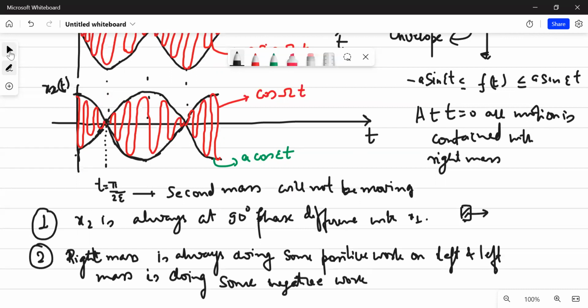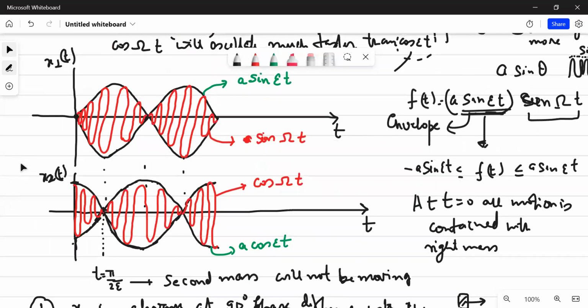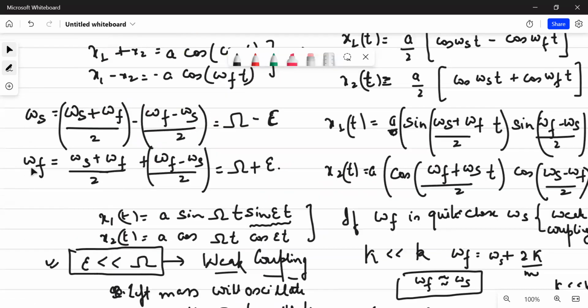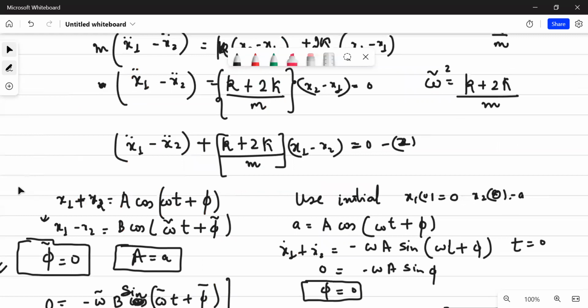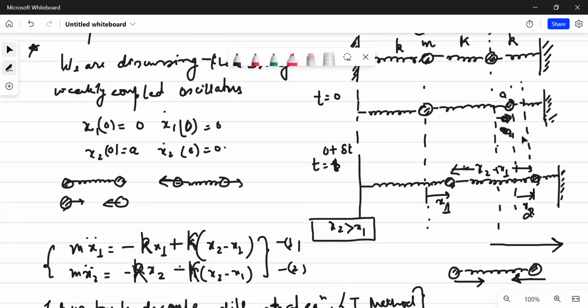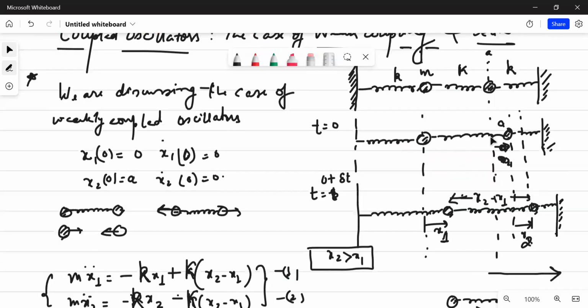Since we've taken x2 to be greater than x1, it will try to push the left mass in this direction. Are you getting my point? So it is actually doing some positive work.